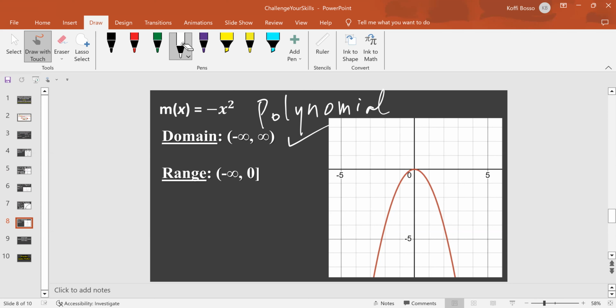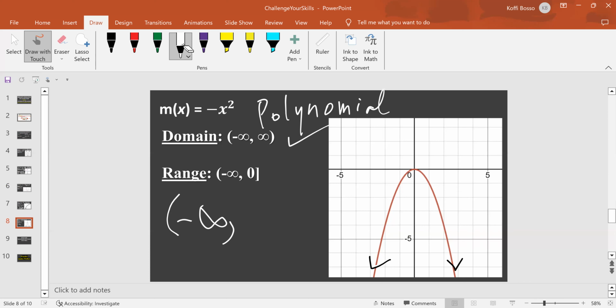So the range, if you see the graph, you will see that this time the lowest point of this graph keeps going down. So the lowest point here, we don't know it. That's why we use -infinity, because it's going down. So -infinity, but we don't close it at -infinity.